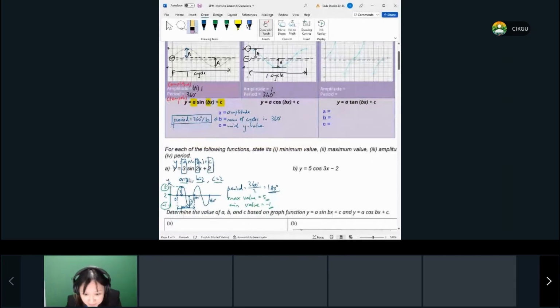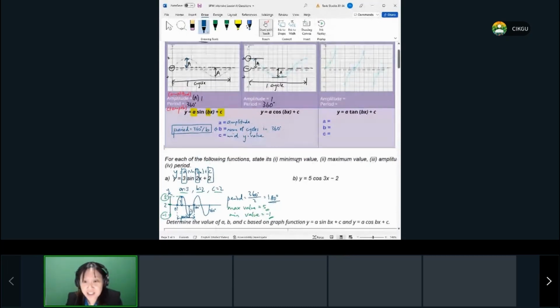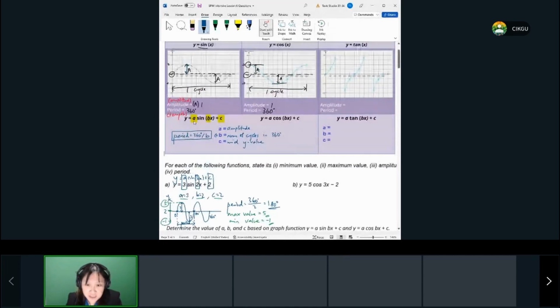Okay, let me write it nicely. So good news is, if you understand what A, B, and C mean for sine, the exact same definitions apply to cosine. The only difference is the shape. Actually, the shape is also more or less the same. The only difference is that the cosine has to start from the maximum value, the peak.